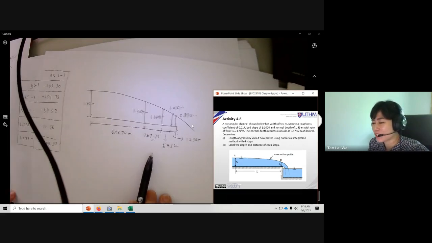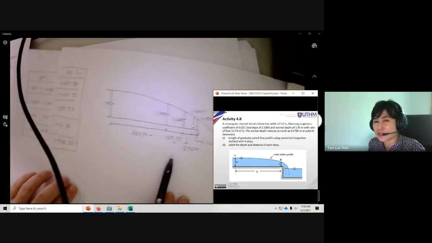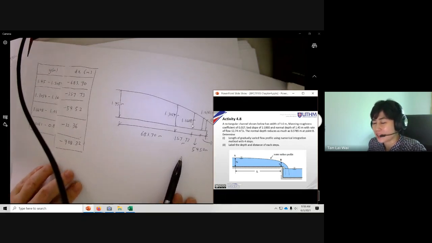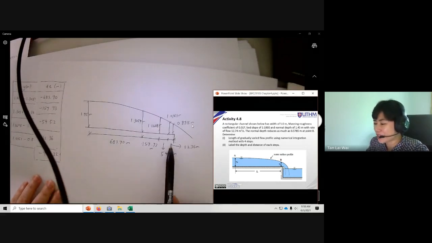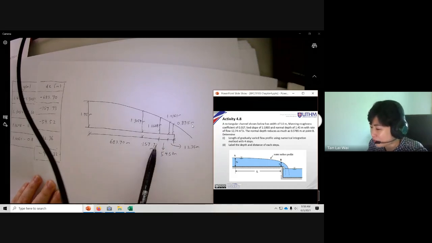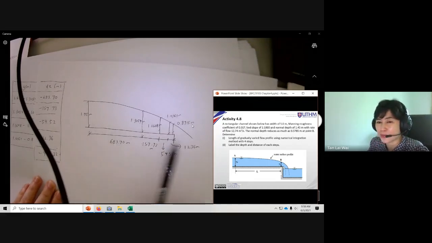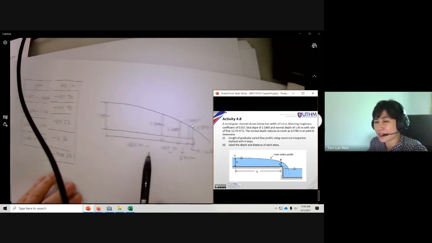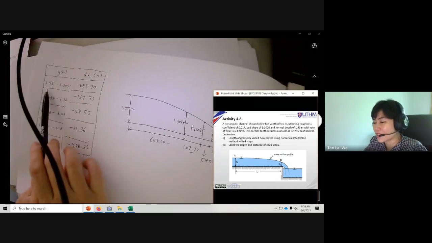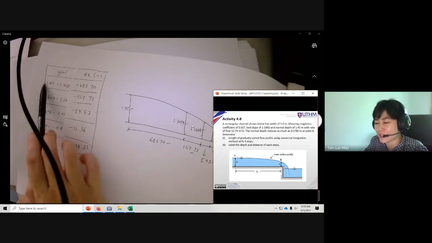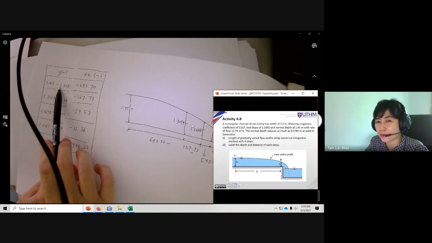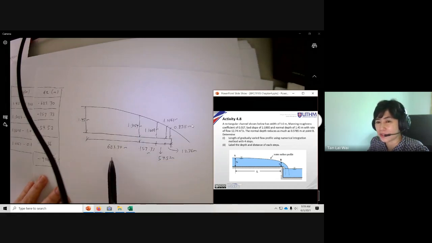Now, let me tell you some of the mistakes that students tend to make. When they label it, they put here 683, they put here 157, which means they start from here when they label it. You have to be careful and refer to your y. The 683.7 is for this section here, which is between 1.45 to 1.3, so the dx would be this one here.